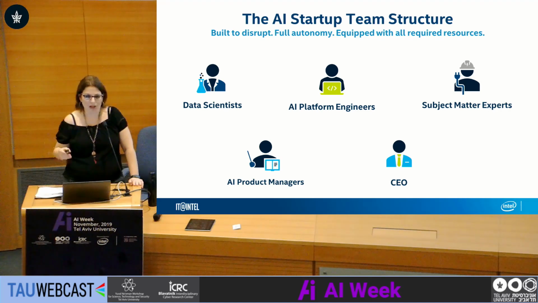Then we usually work very closely with a subject matter expert, meaning someone that understands both the data in depth and the business process in depth, and the way these two correlate. They can be people working from within the team or partners from the business units. And all of them together are orchestrated by an AI product manager.